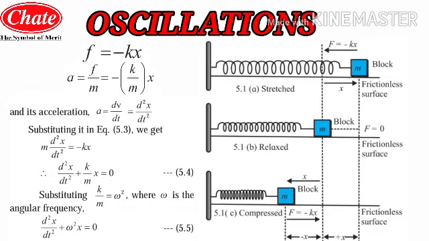Now again, if we have to calculate the acceleration, we have to take the derivative of v, since acceleration is nothing but the rate of change of velocity with respect to time. So if you want to calculate the acceleration, we take the derivative of this v again.